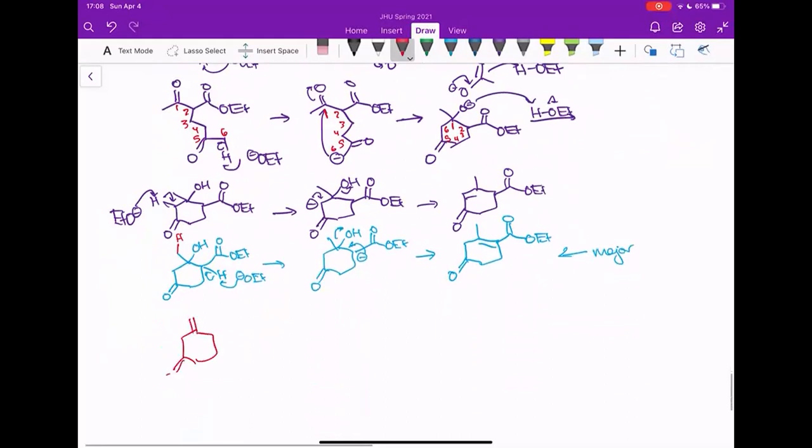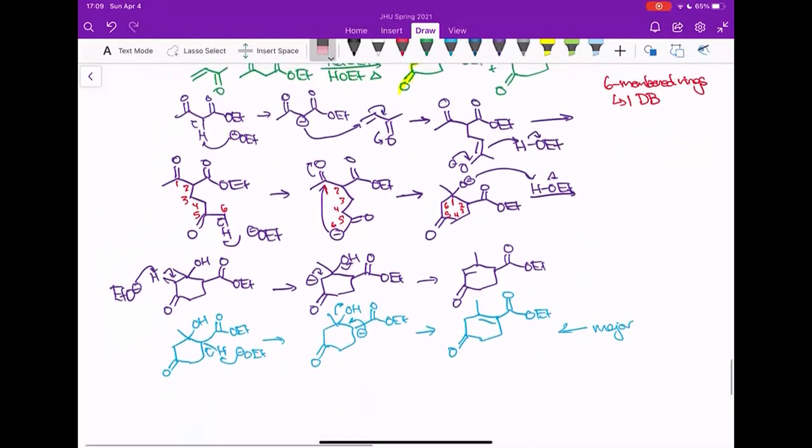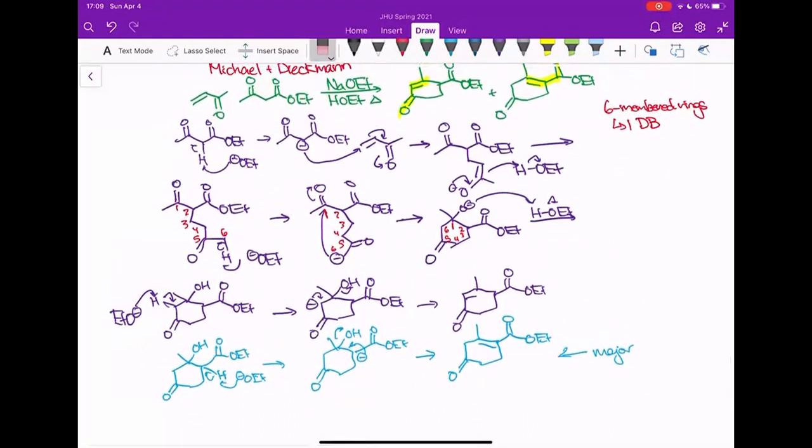It would be like this. And so you'll see in that position, you wouldn't be creating an alpha beta unsaturated carbonyl, so you would have no benefit of conjugation to stabilize your product. Okay, cool. I am going to just erase it. All right, any other questions? Okay, then we'll keep going.